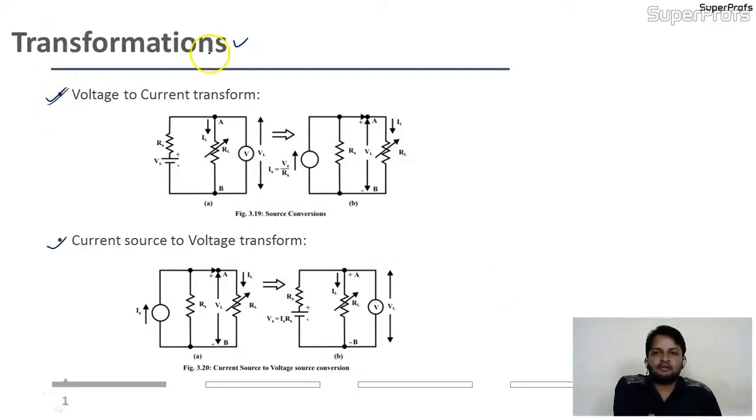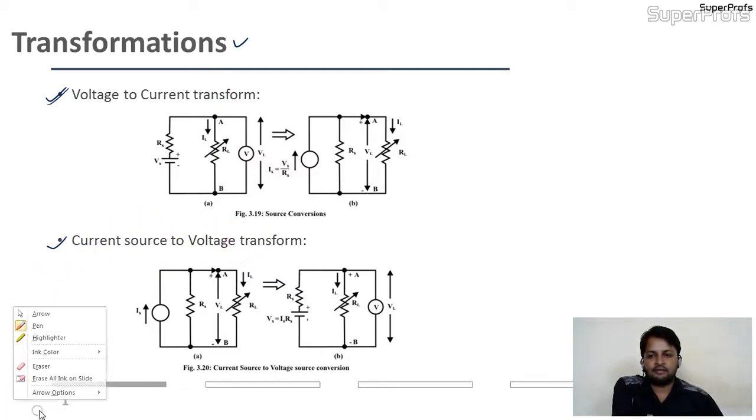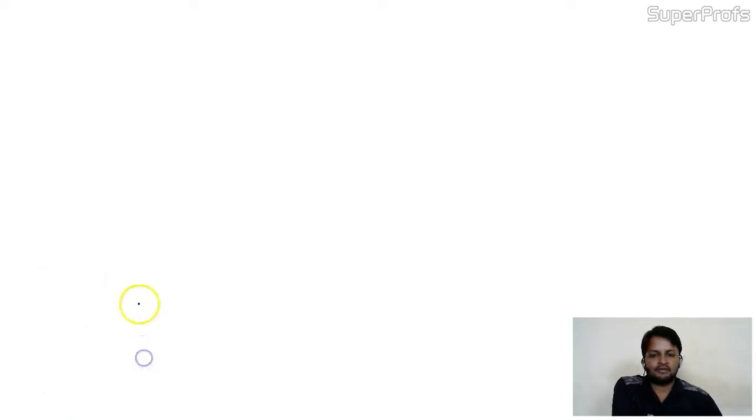Come to the transformations now. We have two types of transformation: voltage to current transformation and current to voltage transformation. The current and voltage transformation is sometimes beneficial to solve a circuit. That's why we are going to discuss this.